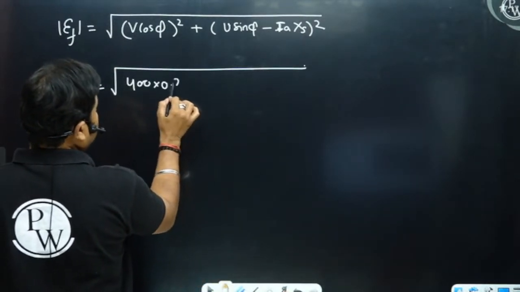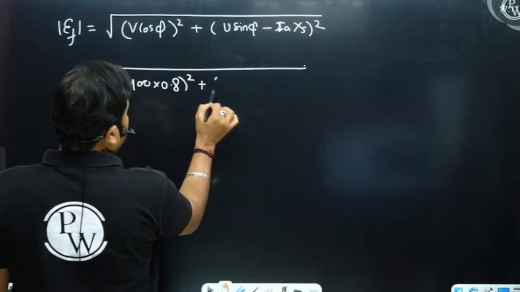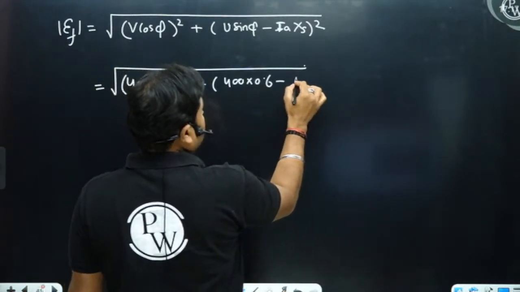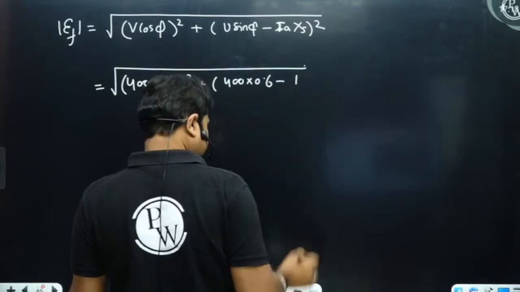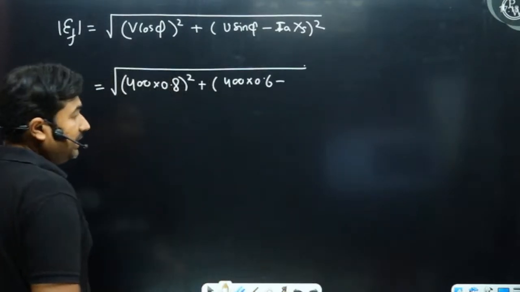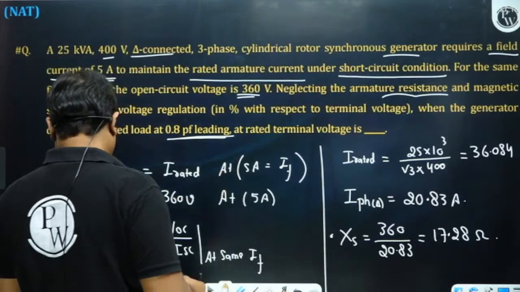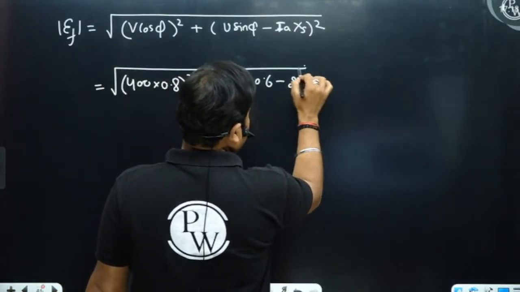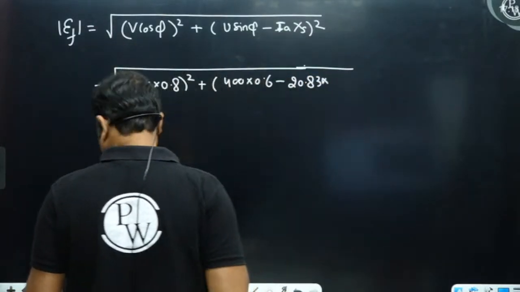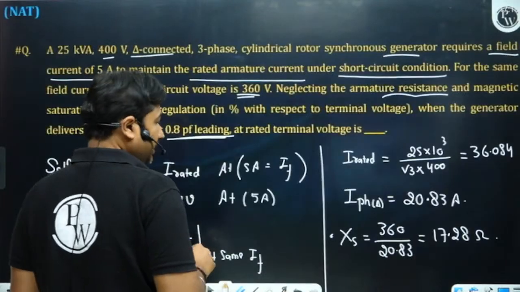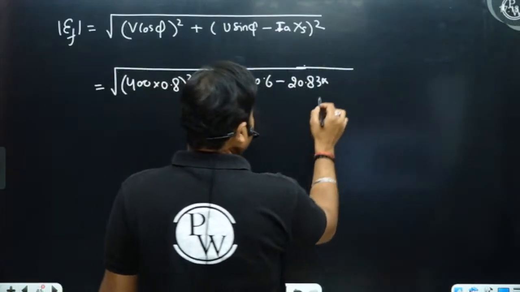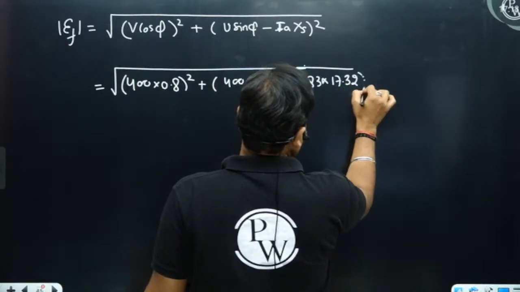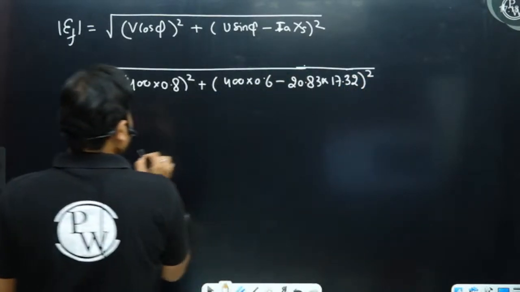So EF is root over of (400 into 0.8)² plus (400 into 0.6 minus IA excess)². IA, the per phase current, is 20.83, into excess, which is 17.32, that is 360 only.